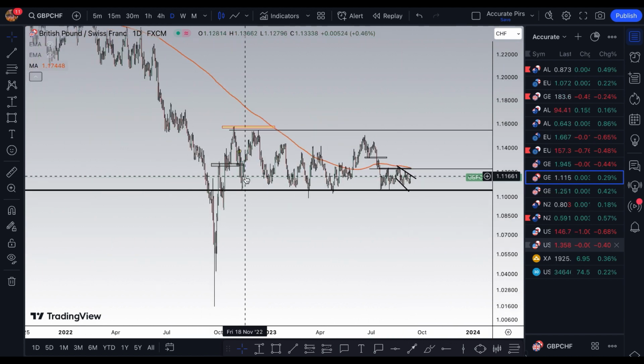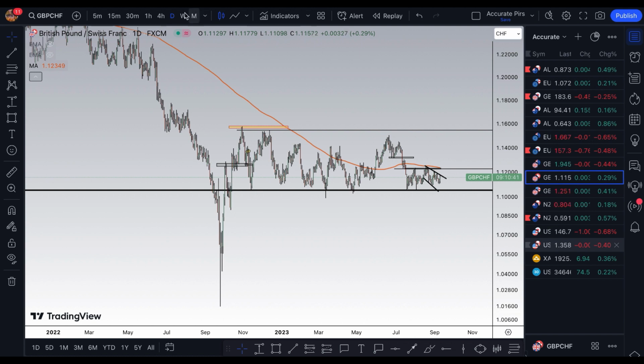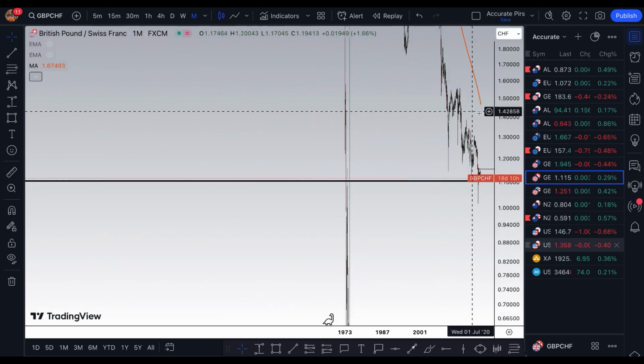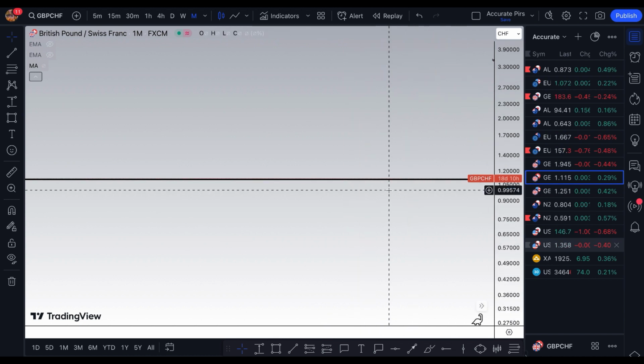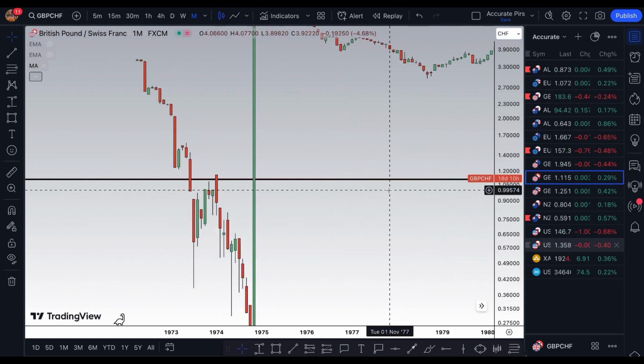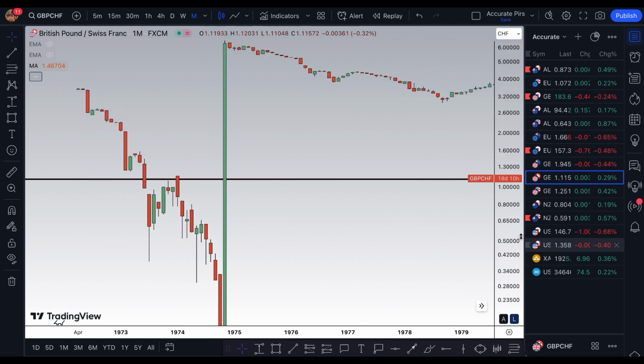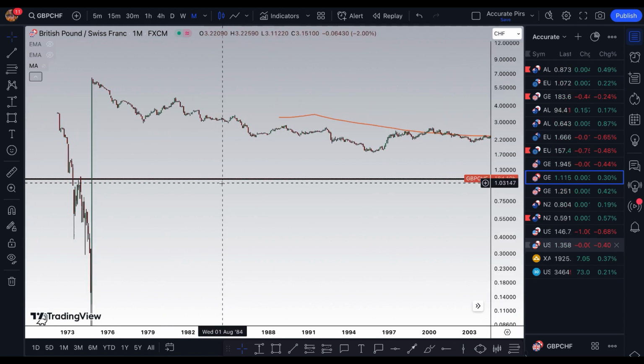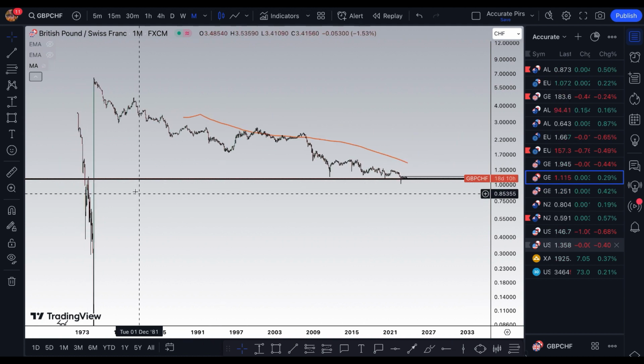But looking at it, I can't see GBP/CHF going any lower. Let me look at the monthly. Wow. Last time it pushed below that level, wow. Now you look at it.